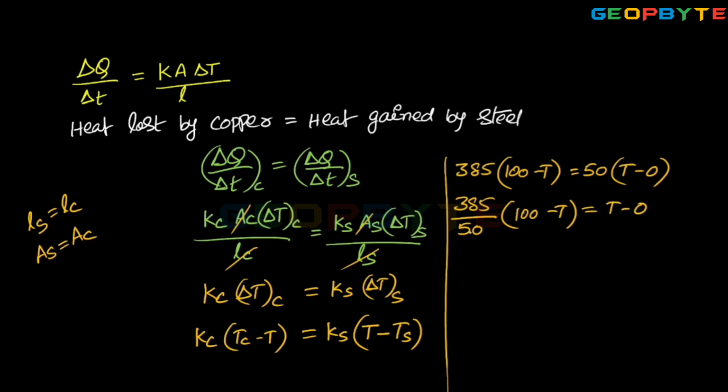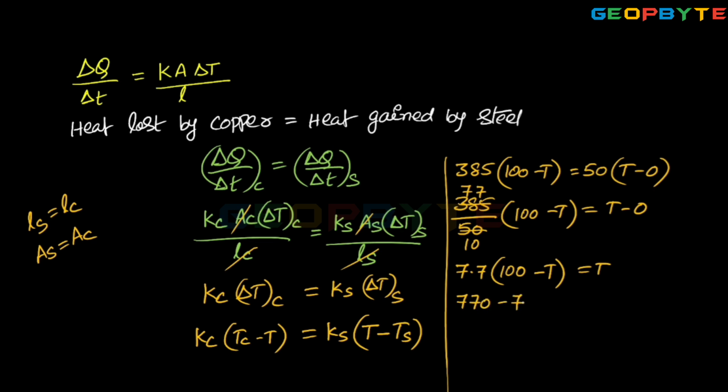Here it is 50 into 7 is 350, so 7.7 into 100 minus T is equal to T.